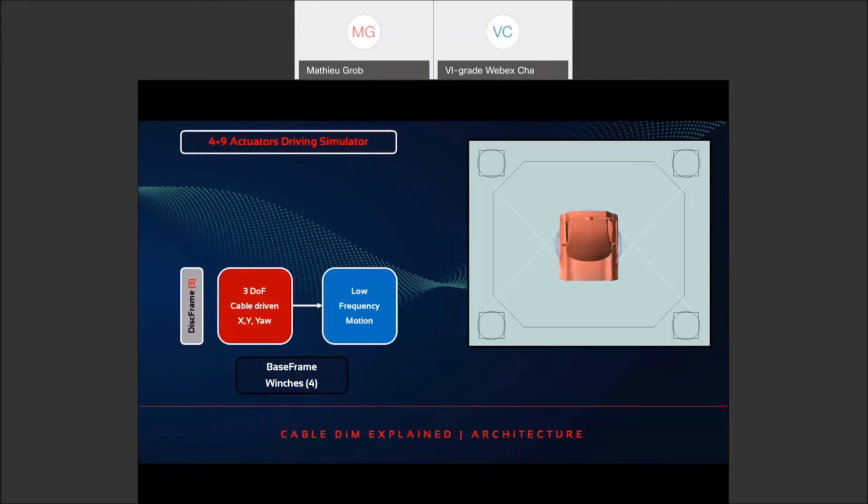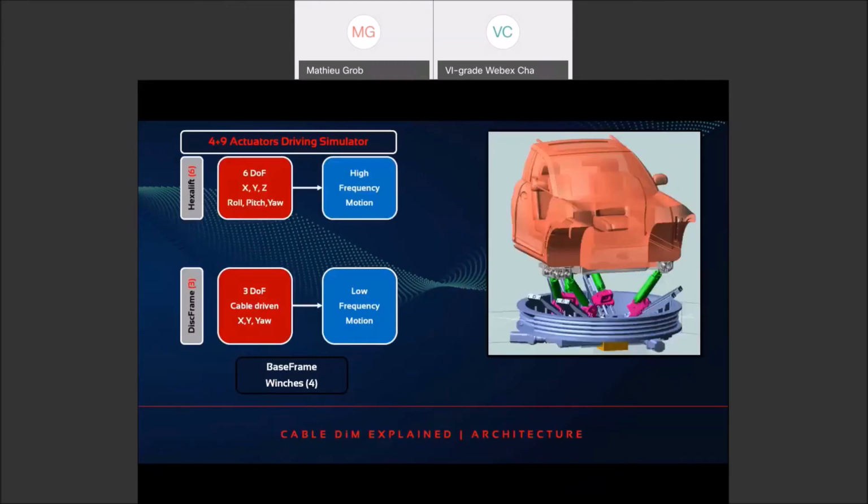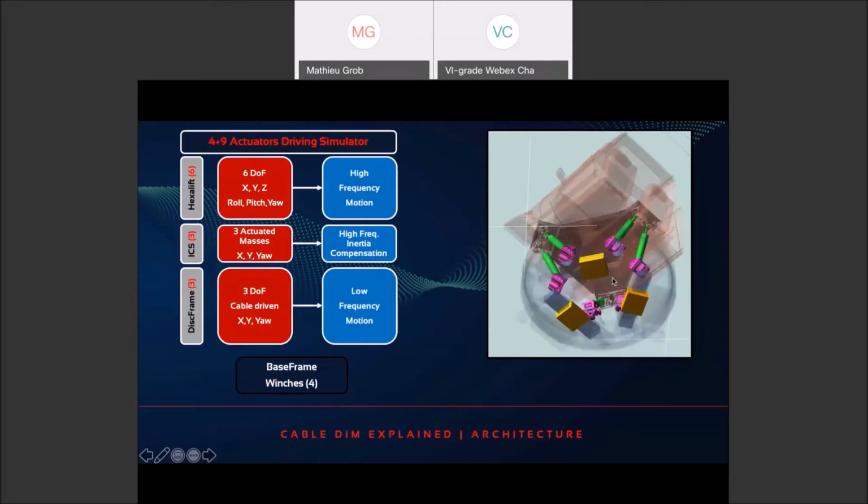Then we have the disc frame, the lower part, where the cables are attached for low frequency motion with 3 degrees of freedom. Then you have what we call the hexalift instead of a hexapod, which is here for the 6 degrees of freedom and high frequency motion. And finally, below you have what we call the ICS that is here to compensate inertia and the vibration from the upper stage.